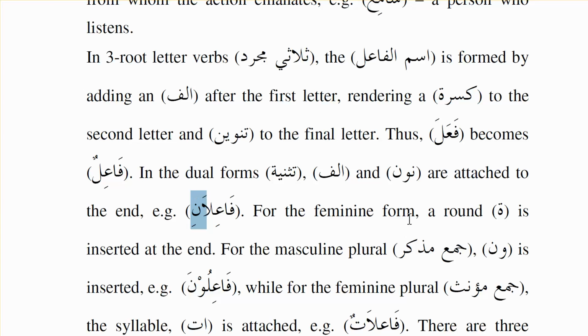Now that's masculine. Now watch what we do for the feminine. A round ta is inserted at the end. So for all of these words, we're going to say fa'ilatun.